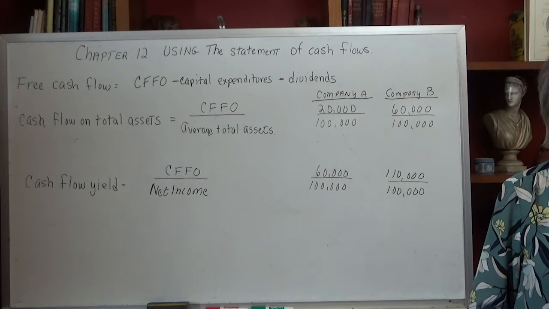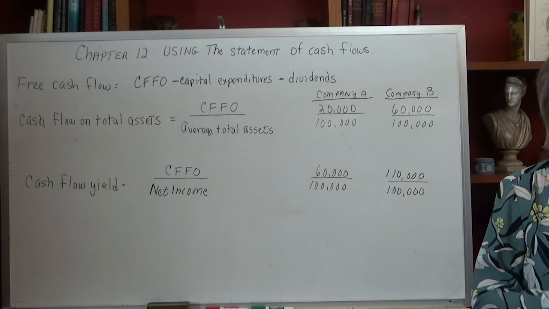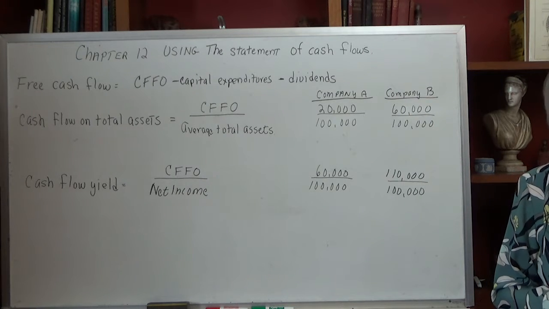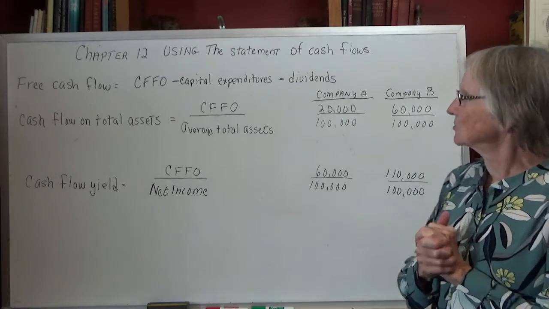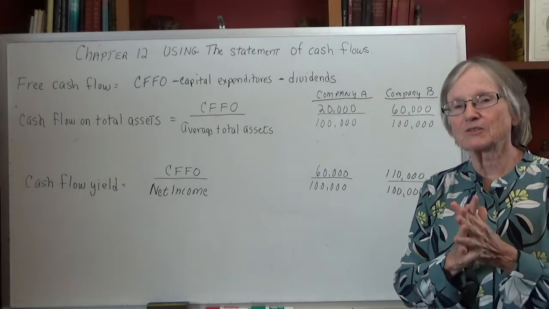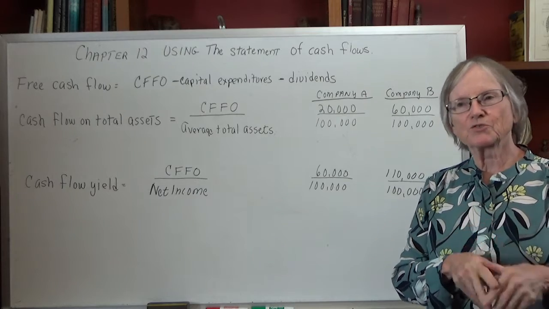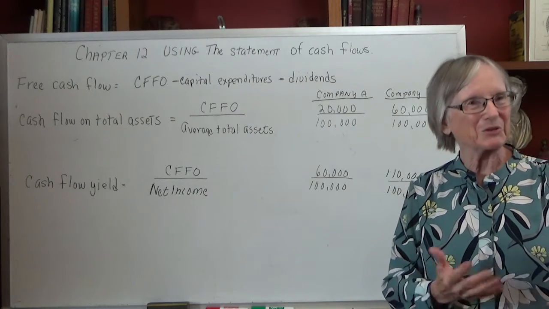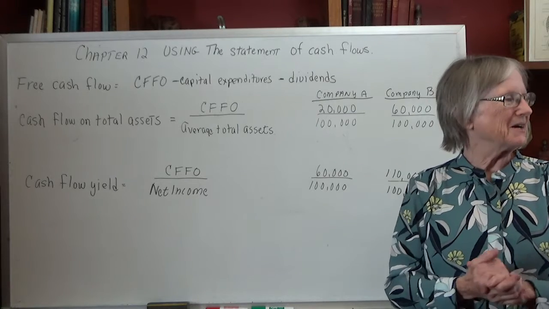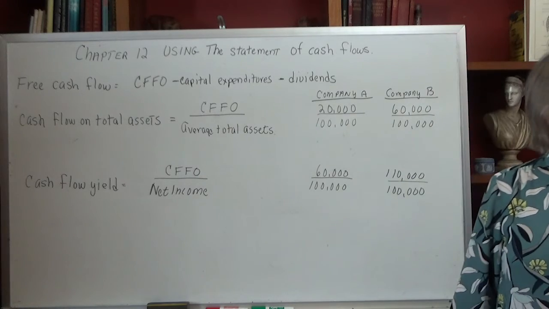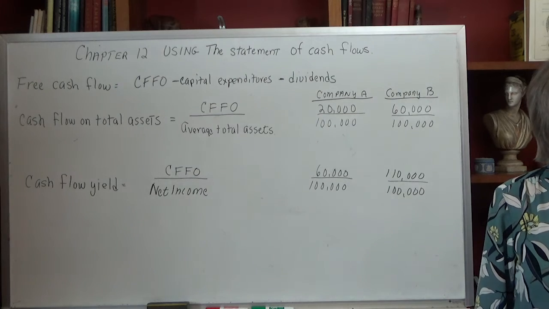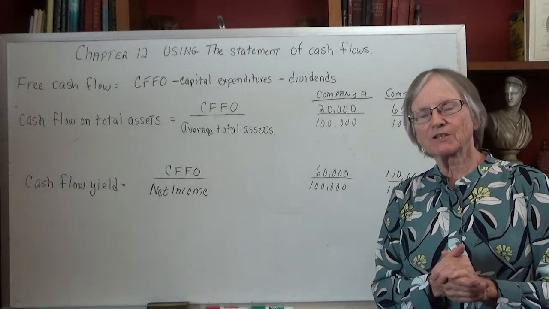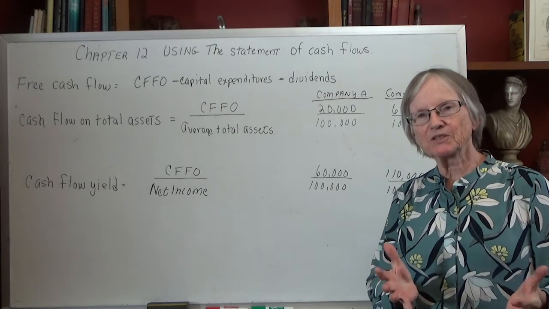Okay, so what else do we need to know about this? Those are the three basic ratios you can get out of it, but there's a few other things we can learn from the cash flow statement, and one is, what's the company really using its money for? Where is it getting its money? If a company is getting their money from operating activities, that's probably a good thing.